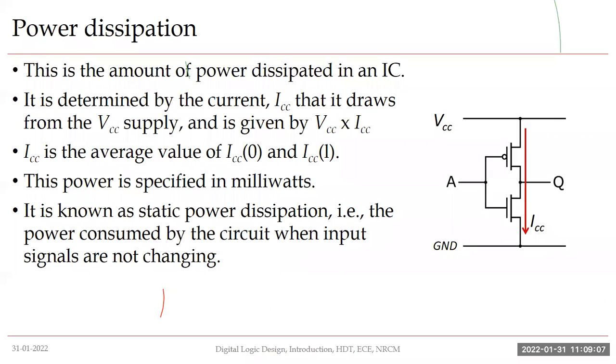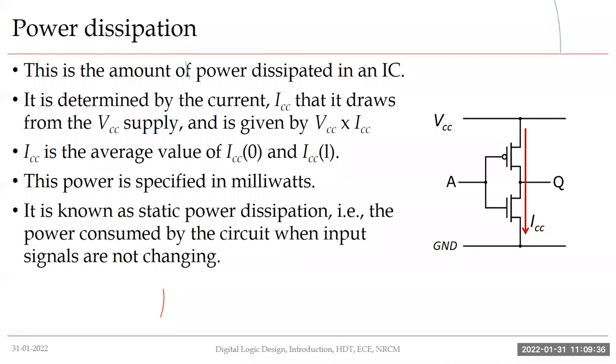The power dissipation is actually calculated as two things: static power dissipation and dynamic power dissipation. Static power dissipation means the total power consumption when everything has become stable or static. Dynamic power consumption means the power consumption when the states are changing.